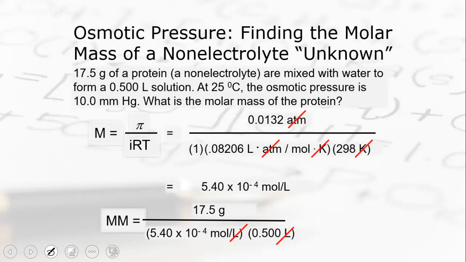The liters cancel out, so it is set up to give me values of grams per mole. And like I told you, it's going to be a pretty big number. Drum roll: 6.48 times 10 to the 4. In other words, 64,800 grams per mole.